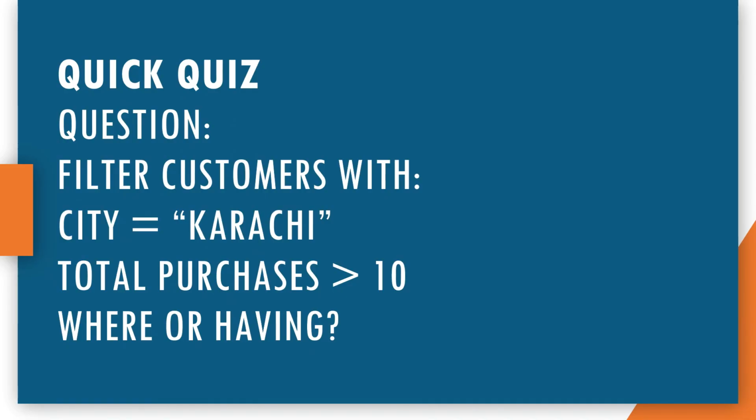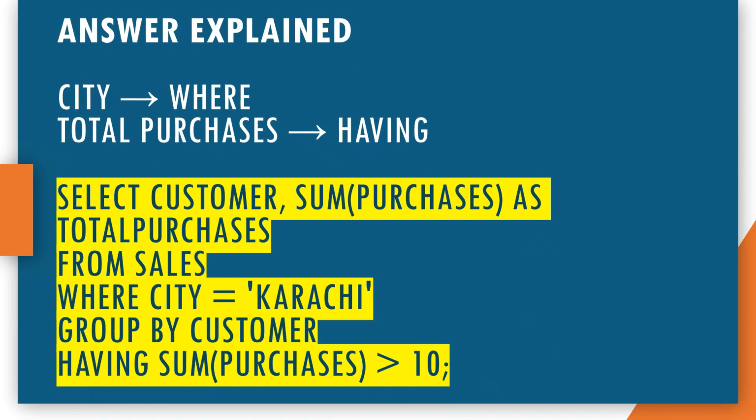Quick challenge. You want to find customers from Karachi who have made more than 10 purchases. Which SQL clause handles each condition, where or having? The answer is provided on the next slide and also in the video description. Let's see. City is Karachi is a row level condition, so it goes in where.